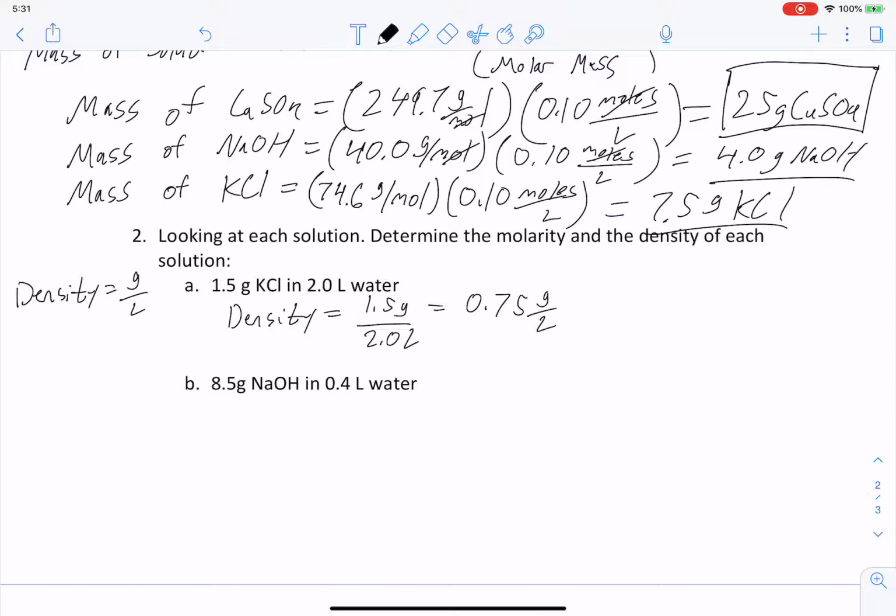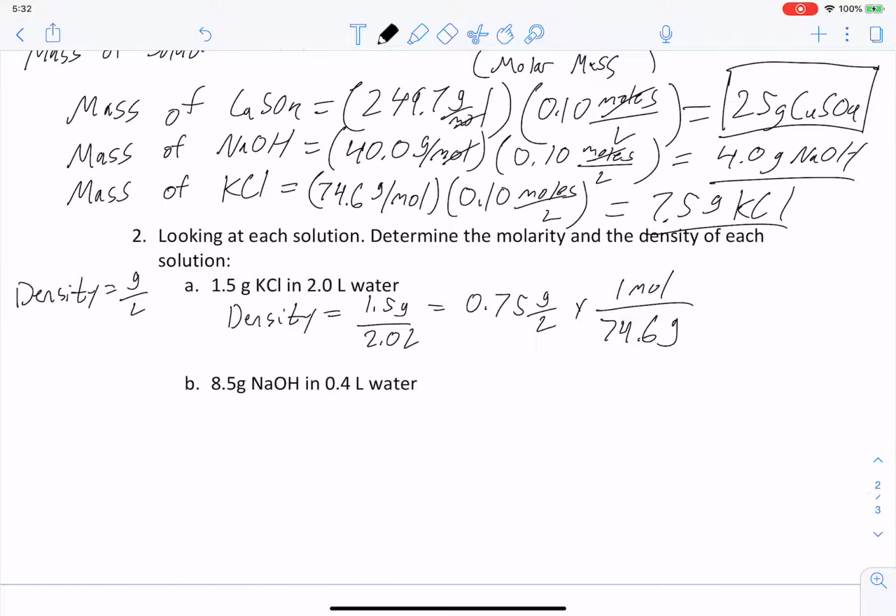Then to find the molarity, we have to use the molar mass, right? So we take 0.75 grams per liter and the molar mass, which we just did above, 74.6, and we put that at the bottom: 74.6 grams per 1 mole.